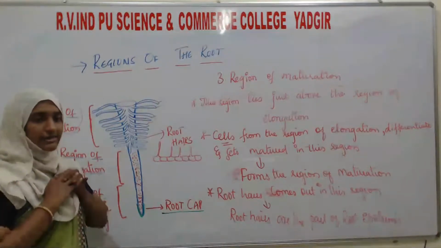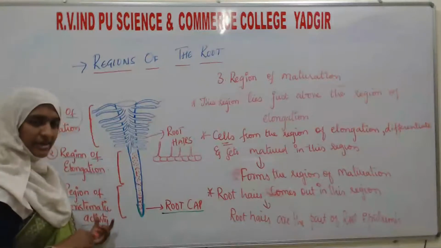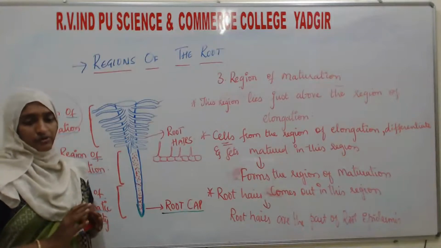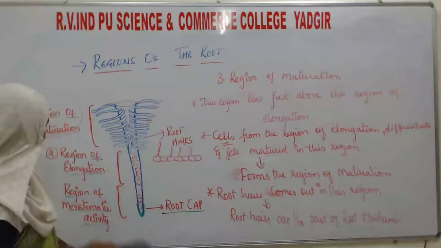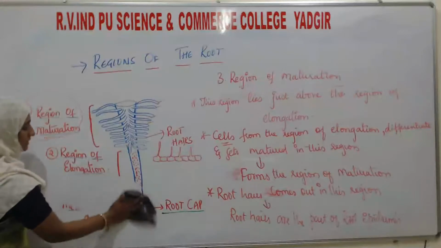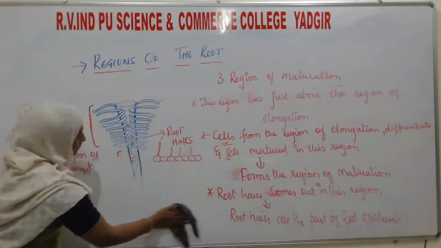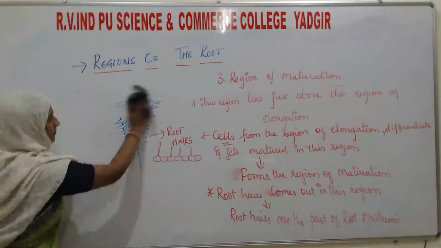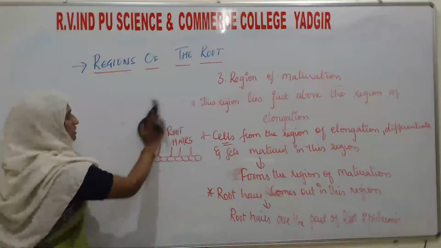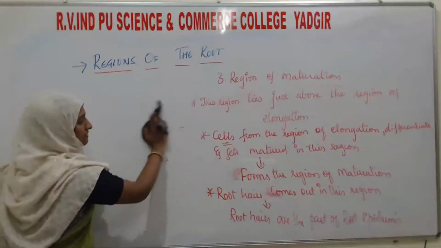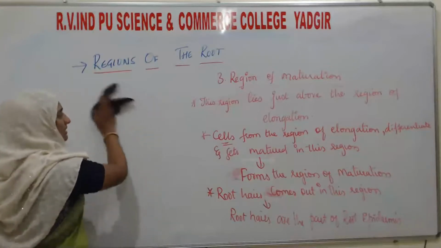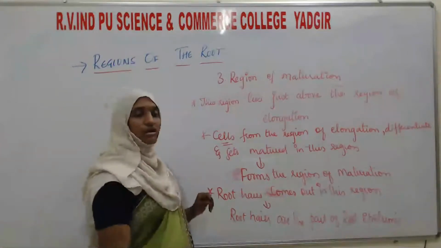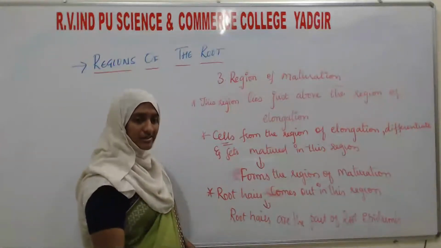What are they? The region of meristematic activity, region of elongation, and region of maturation. In the region of meristematic activity, first is the root cap, a thimble-like structure protecting the root apex. Here the cells will have a very thin cell wall and denser cytoplasm.